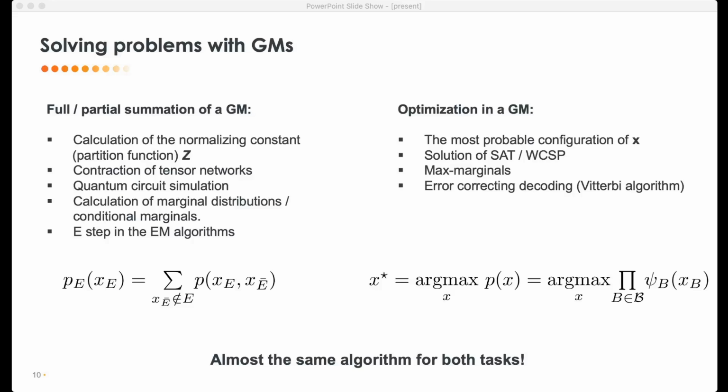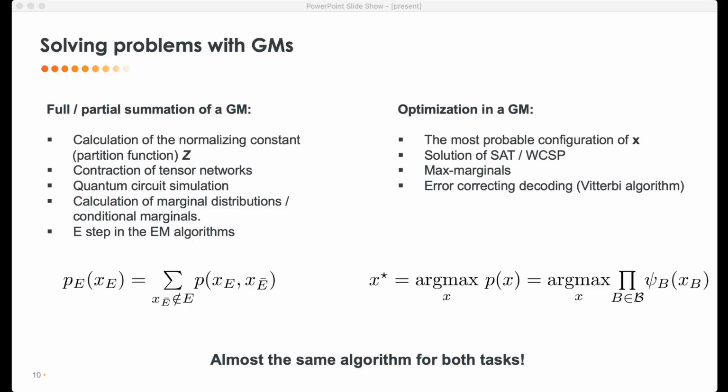Here is a summary of some algorithms which can be formulated as graphical models. Roughly, they split into two groups. The first group represents algorithms which produce a full or partial sum of a graphical model. In statistics, this is a marginalization task where we take a sum over some subset of variables to calculate marginal probability distributions.